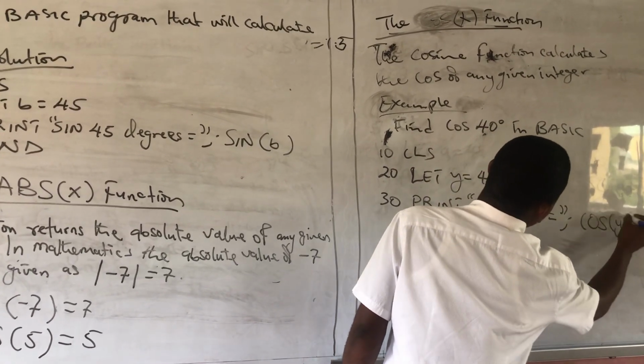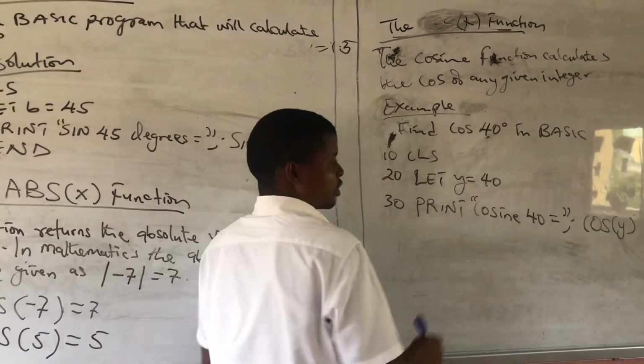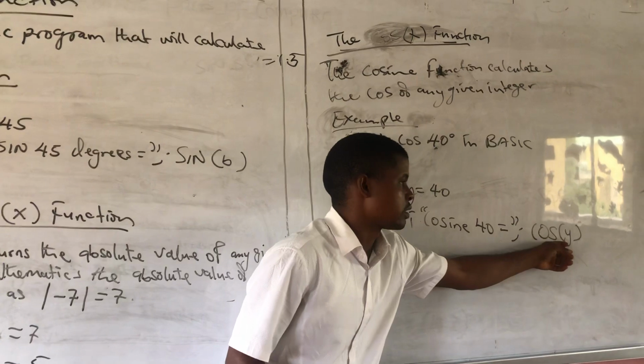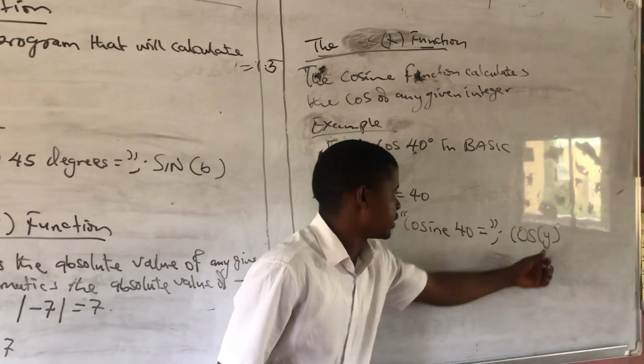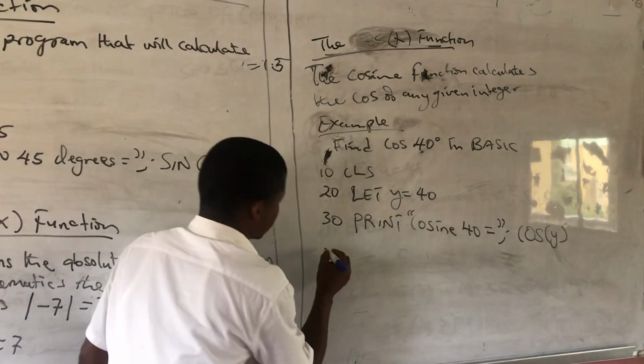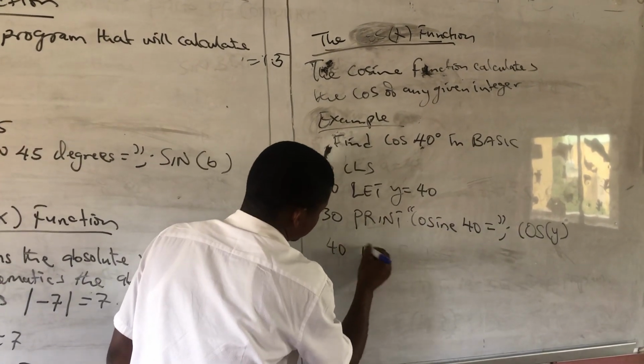Then it will return the value of y, which is 40 already, inside this bracket, and then evaluate it and give the value on the screen. And then line number 40 will come to end.